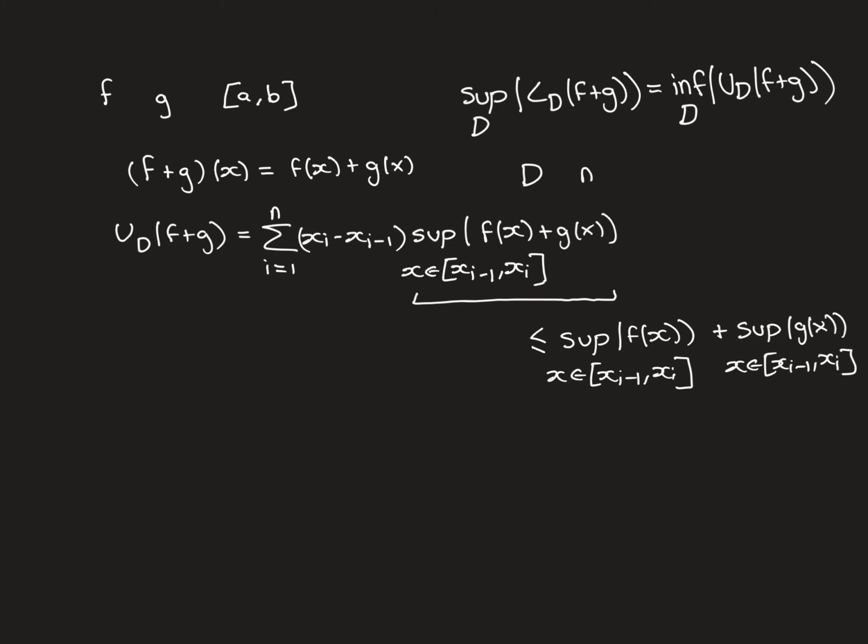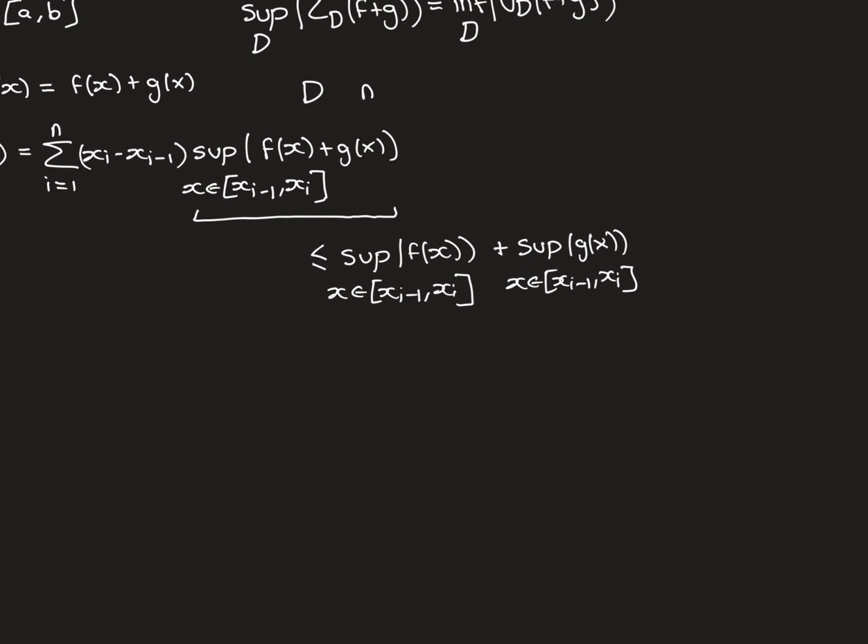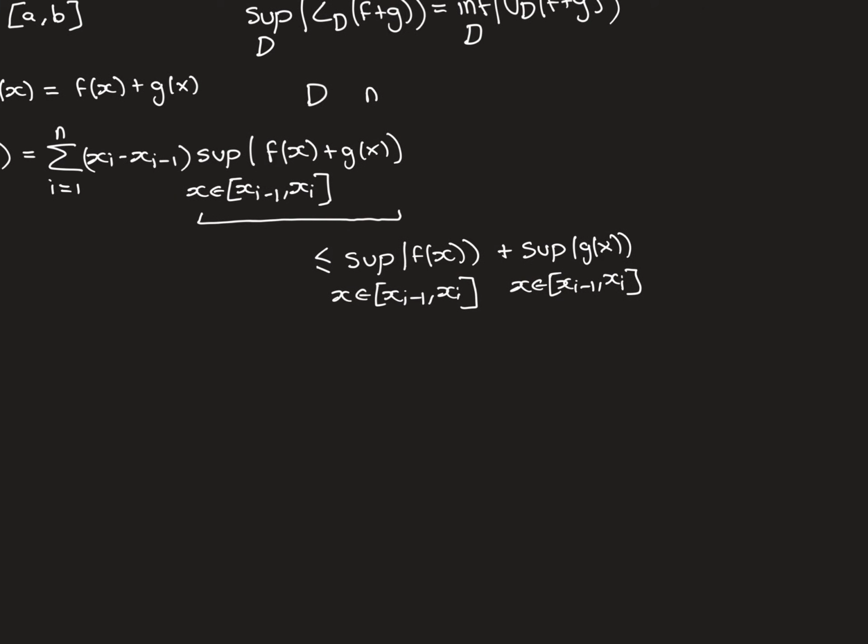Now, let me just give you some intuition for why that is the case, and then I'll prove it to you more rigorously. So if we have a little picture here, let's say this is our interval, x_{i-1} to x_i, and let's say we have a function f that looks like this, and let's say we also have a function g that might look like this.